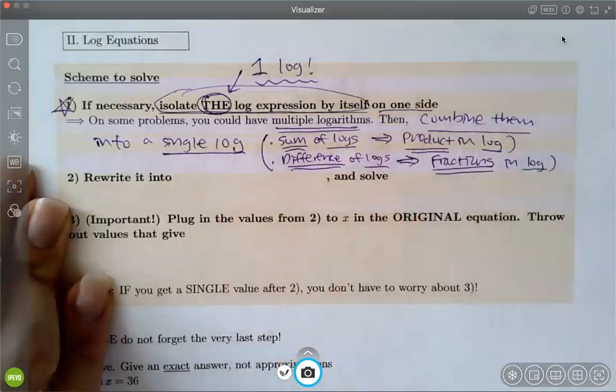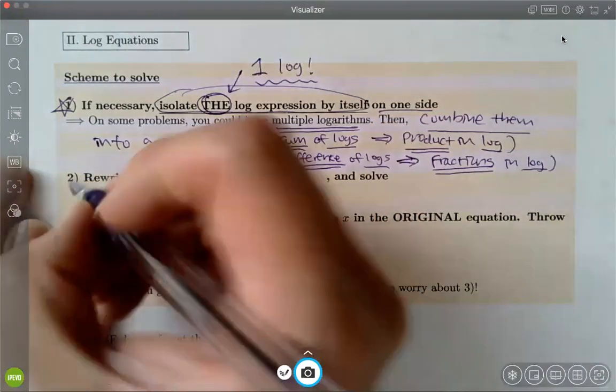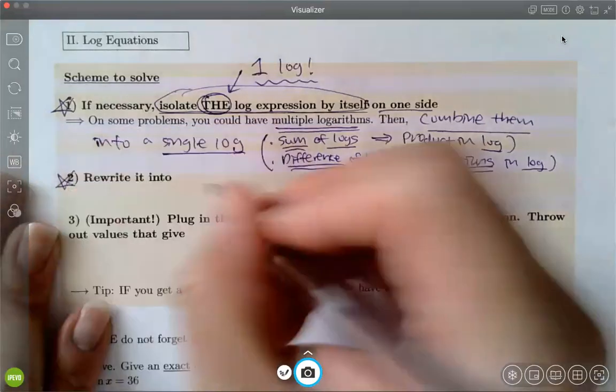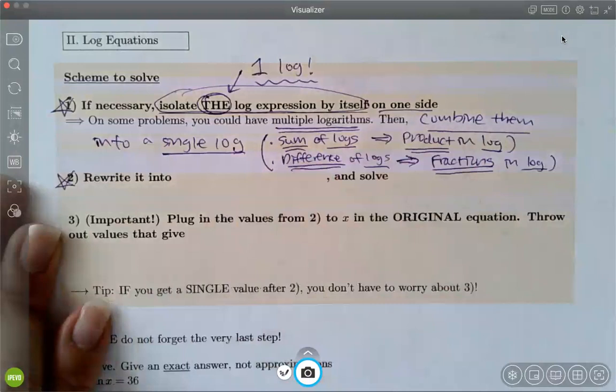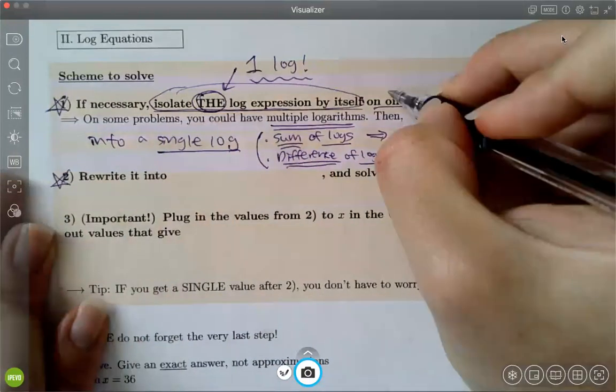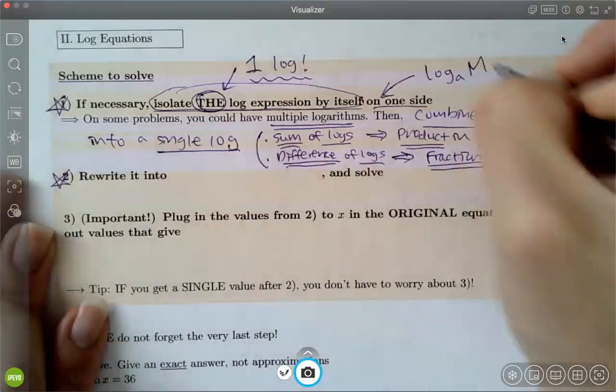Okay, so that's what I mean by combining. So rule number 5 and rule number 6. And then we write it into, so at this point, after step number 1, we have something like this.